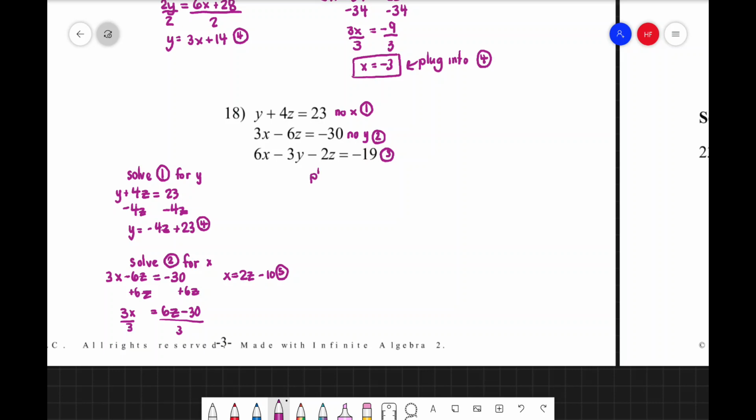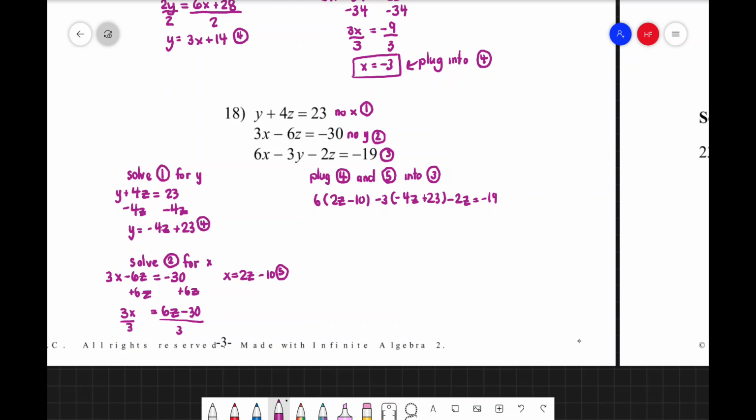So then we'll plug 4 and 5 into 3. So 6, instead of x, I have 2z minus 10, minus 3, instead of y, I have negative 4z plus 23, minus 2z equals negative 19.